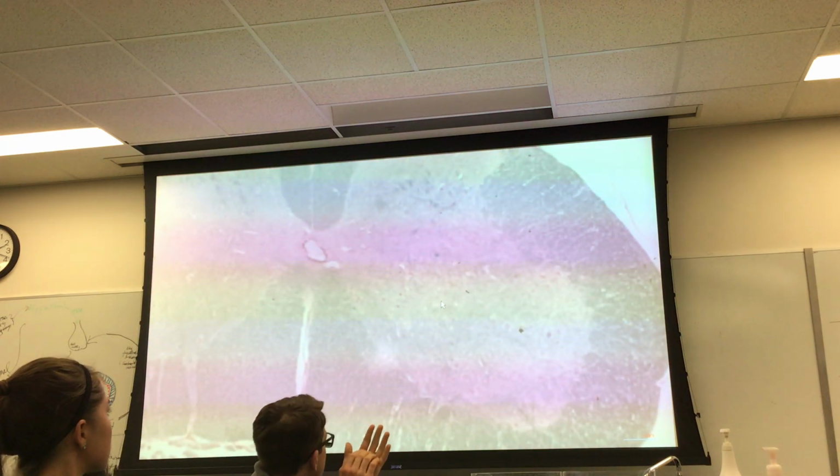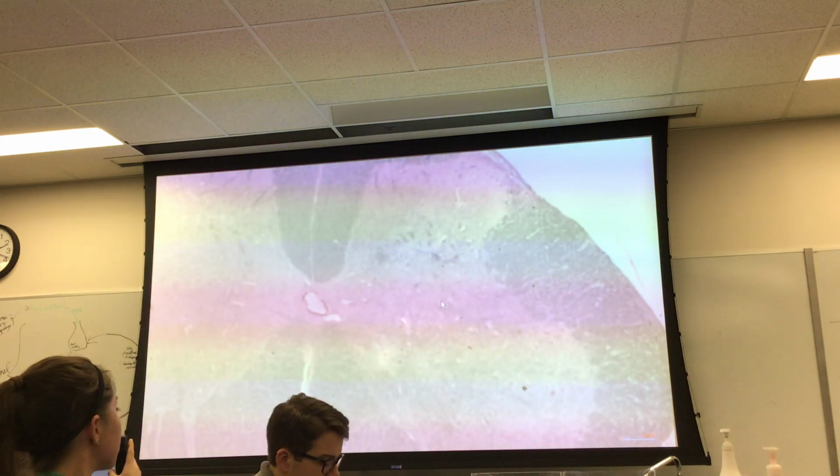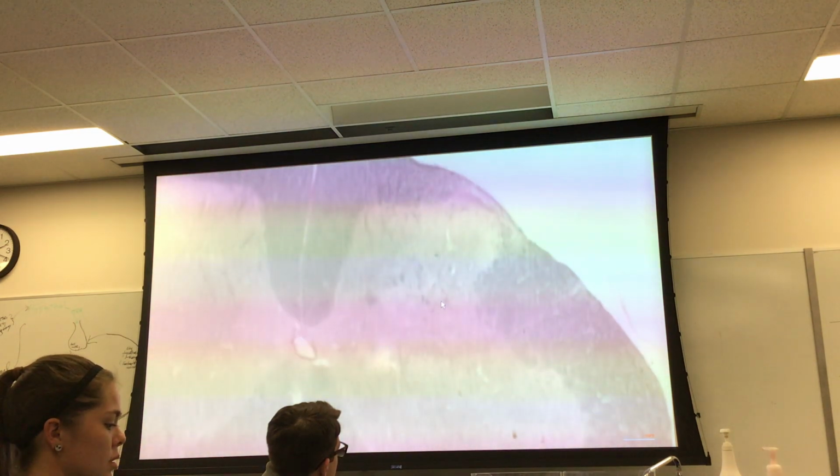Okay, so let's start with this. What's the tissue type? That's pretty basic, right? That's nervous tissue. So, where are we? The central nervous system or the peripheral nervous system? Central nervous system. Okay, the point of my question, though, was looking from this to this, what spinal segment is that?